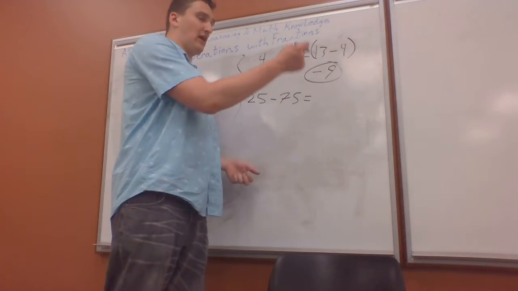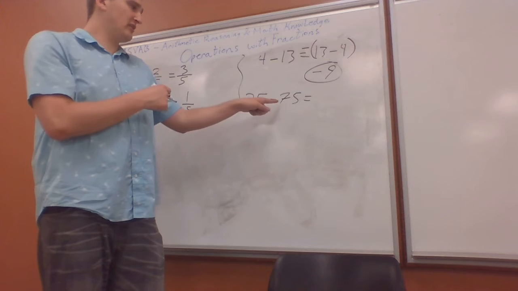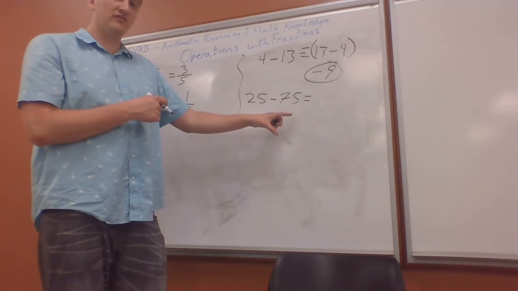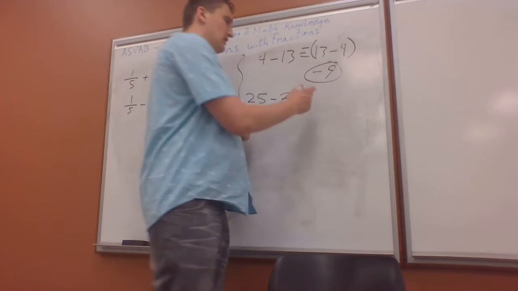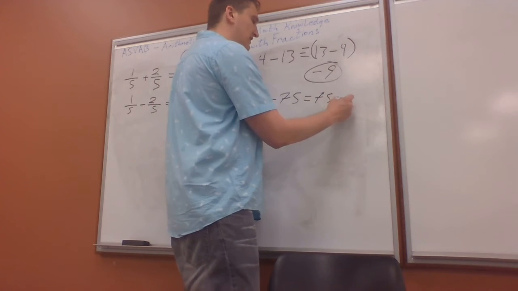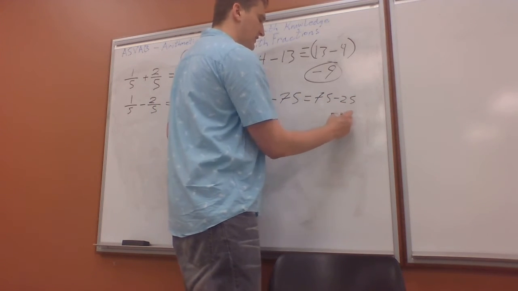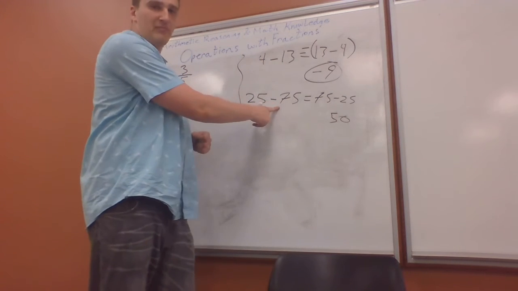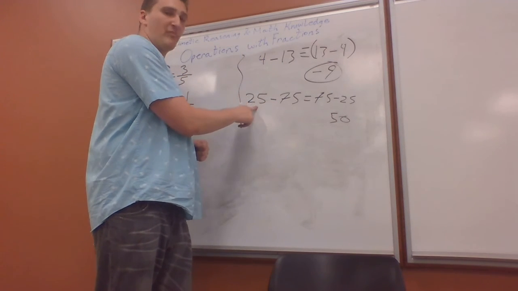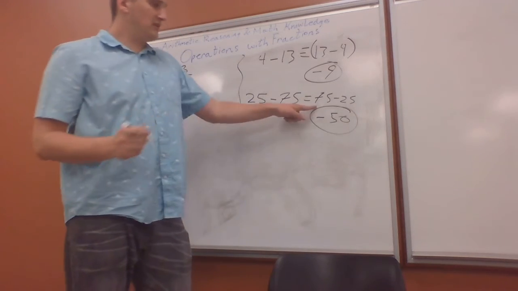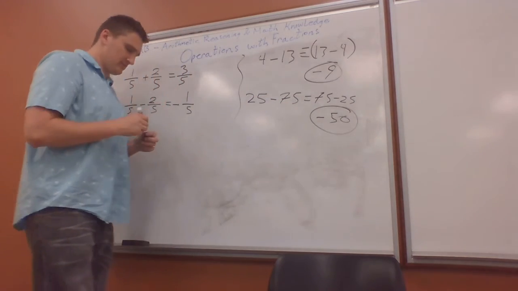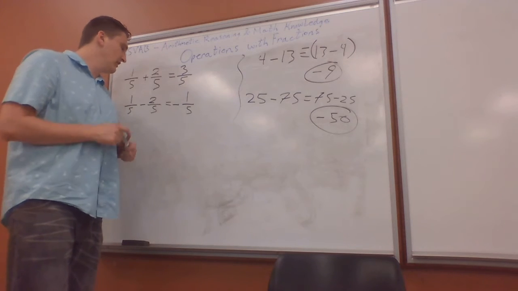So when I'm counting down to 0, I count down 25. I take out a chunk of 25 from my 75. I have 50 more to go. So I'm going to treat that like 75 minus 25, 50. Oh, but I was subtracting a smaller number minus a bigger number. So it's going to be negative 50. That's a short, easy trick to get you to the right answer quickly.